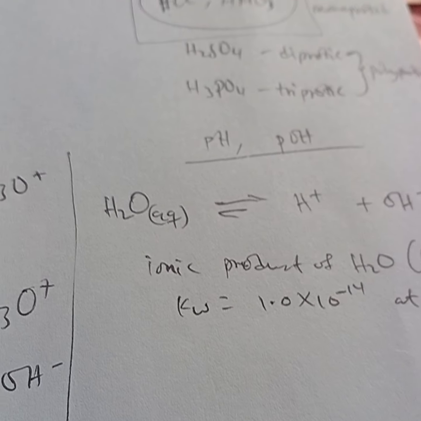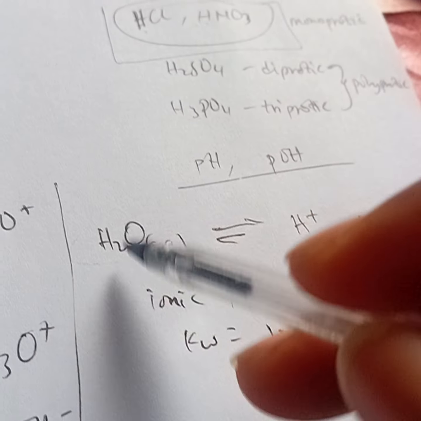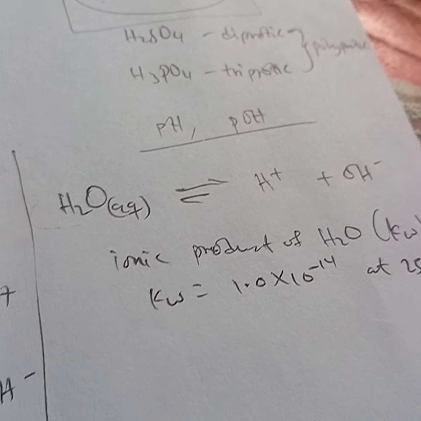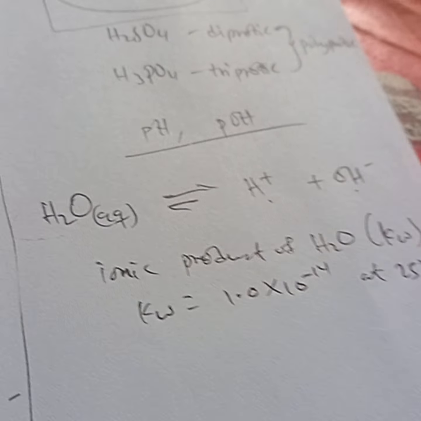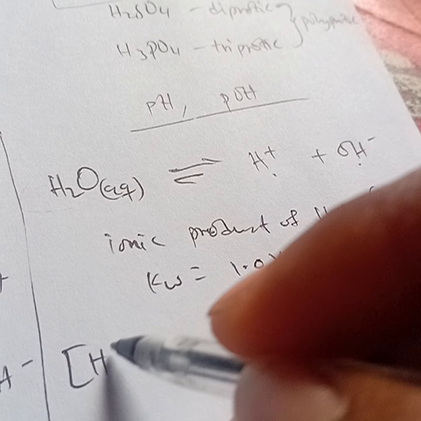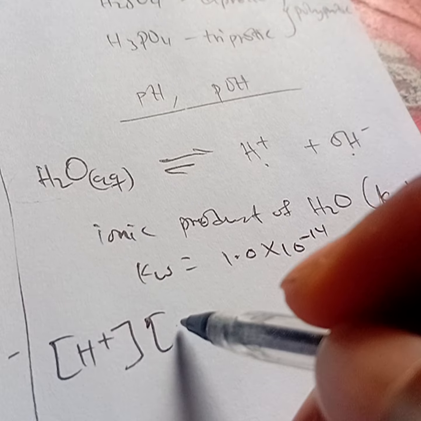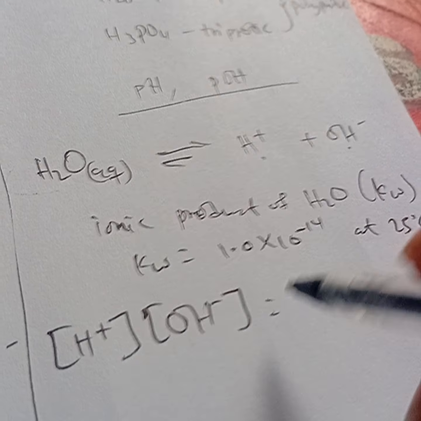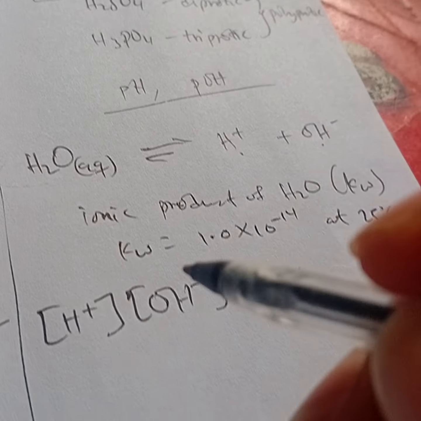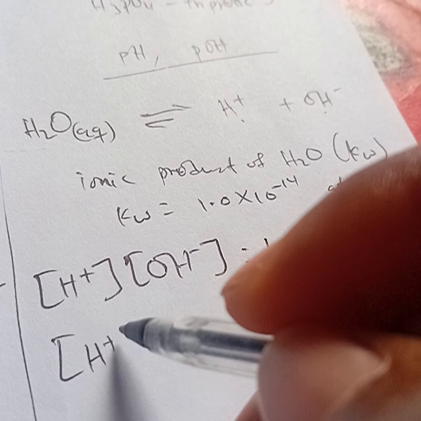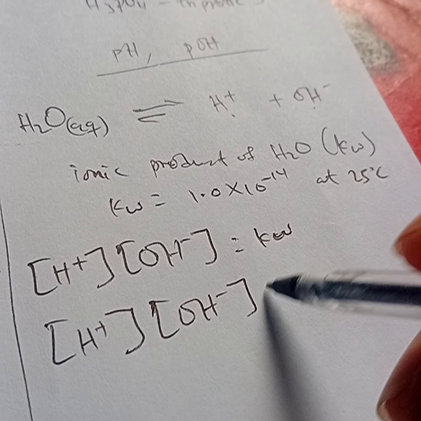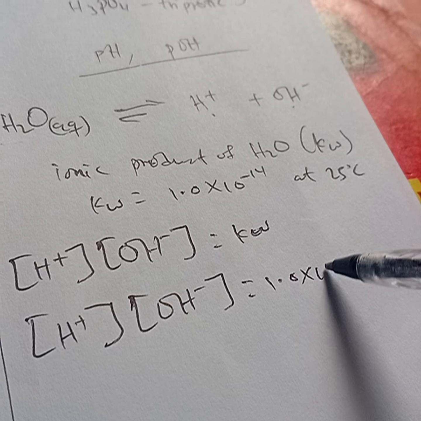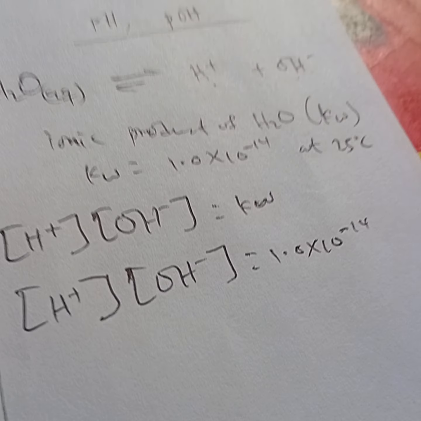So water is neutral. Anytime you have pure water, the concentration of OH minus ions and the concentration of H plus ions are equal. When you multiply the ions of water, we get Kw, which means the concentration of H plus, square brackets meaning concentration, times the concentration of OH minus should give us 1.0 by 10 to the power negative 14.